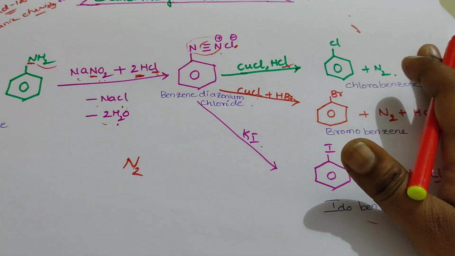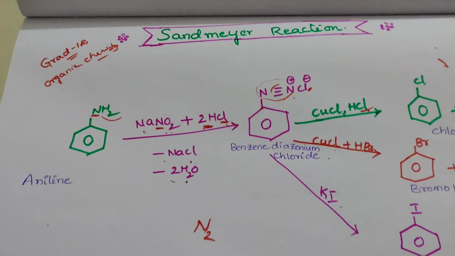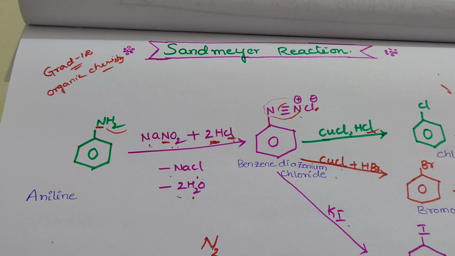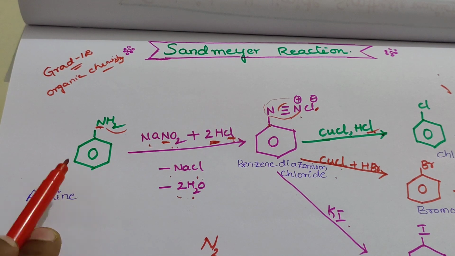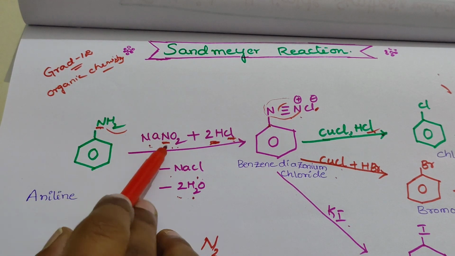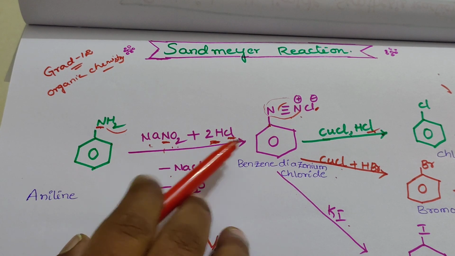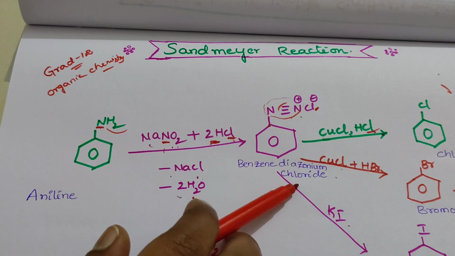This is called the Sandmeyer reaction. This is an important named reaction. In the Sandmeyer reaction, the first one is aniline, that is, a primary aromatic amine. The primary aromatic amine reacts with sodium nitrite and HCl to produce benzene diazonium chloride.